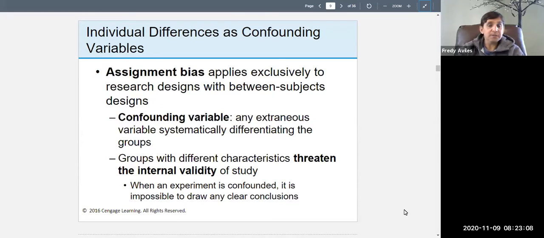You're going to have different participants in your different groups. And if you don't assign participants to the groups in the correct way, you can end up with a group of participants that's relatively older than the other groups, or maybe has a higher IQ, or has more males or more females, or there can be differences among the groups that are not due to the treatment. That's assignment bias, okay? And that can create a confounding variable.